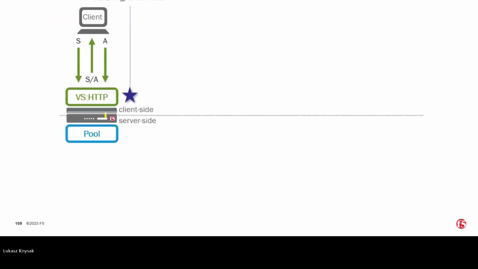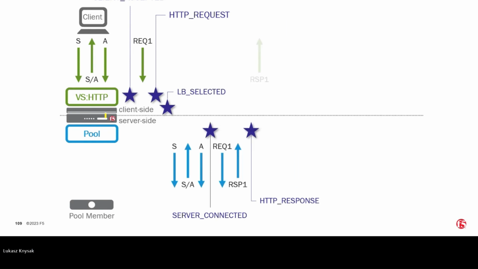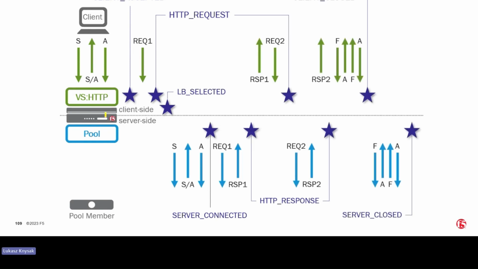So when using iRules, this is an event-based language. So it means that the specific iRule, specific code, is triggered by a specific event on your Big IP when the traffic is passing through your Big IP. So it means that, let's say that we have a TCP connection, so we can use this kind of event, client accepted, okay?